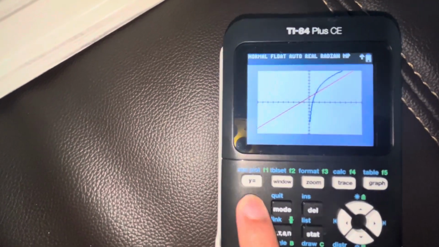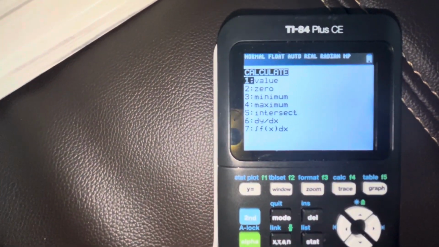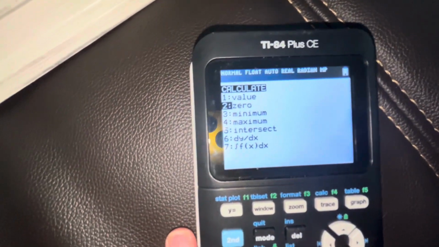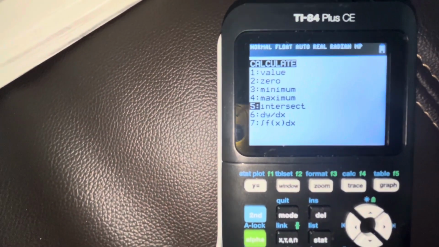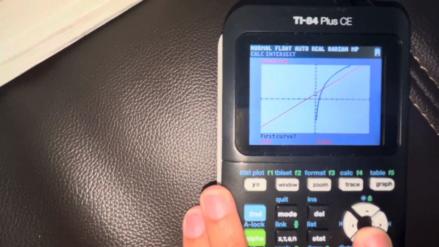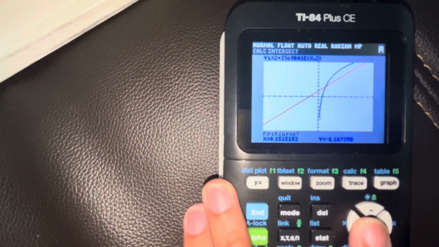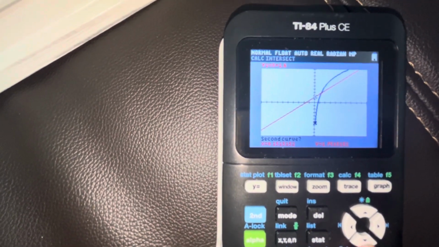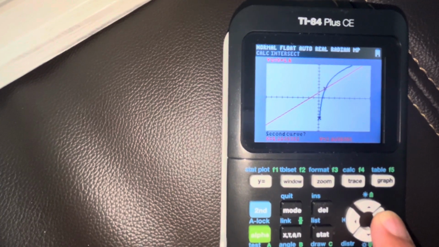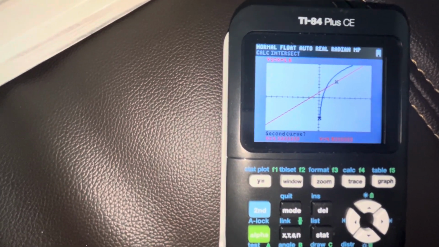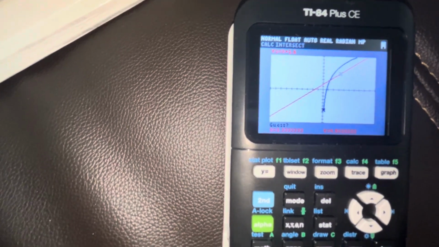So let's press second, trace. And right now you have all these options. You can either press 5 or just go down. And now you have your intersect. So right now, this is your first curve. And now you have your second curve. You're going to put the second curve on the other model.